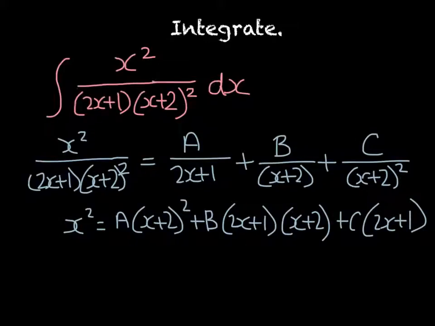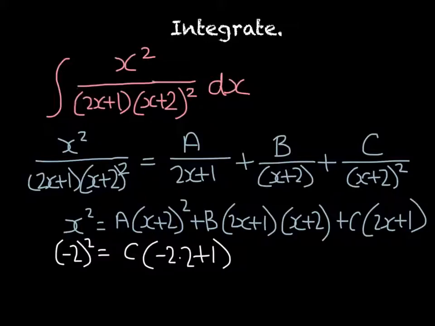And now if I plug in negative 2 for x, I'll end up with negative 2 squared equals a times 0 plus b times 0 plus c times negative 2 times 2 plus 1. So 4 equals negative 3c, and c equals negative 4/3.